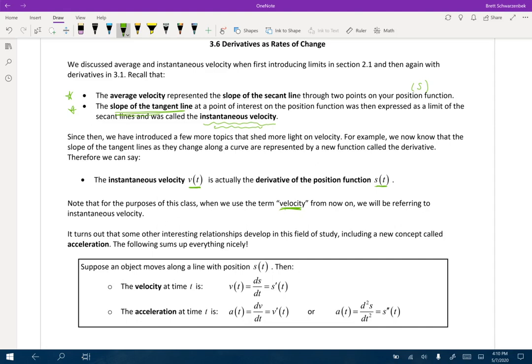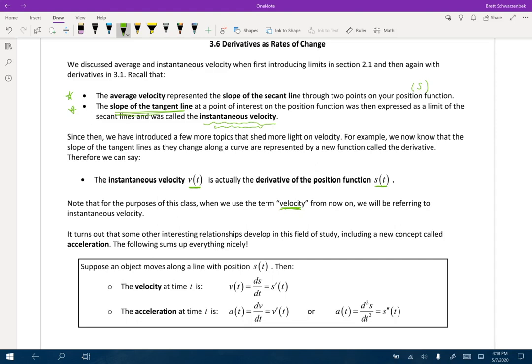This is a big concept in this section: if you're given an original function, which is s of t, and you take its derivative, you get its velocity, and by velocity we mean instantaneous velocity.